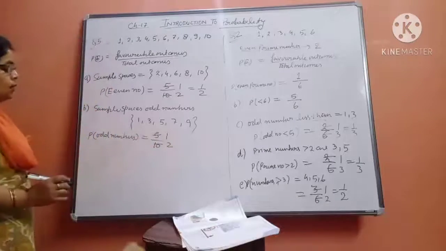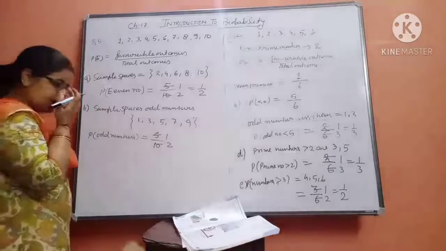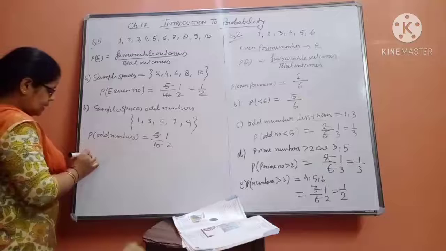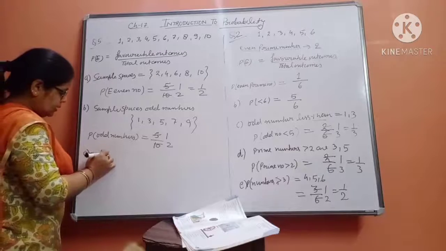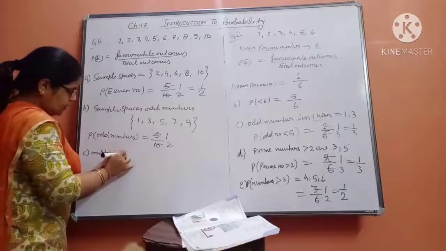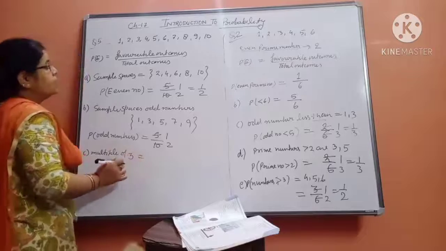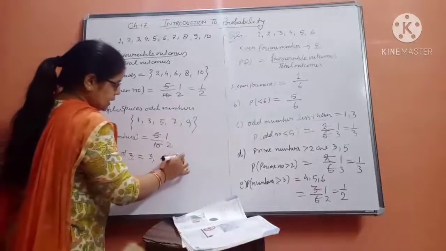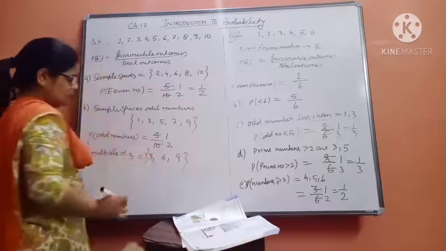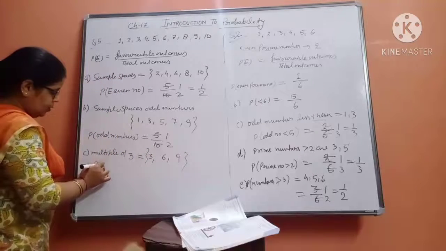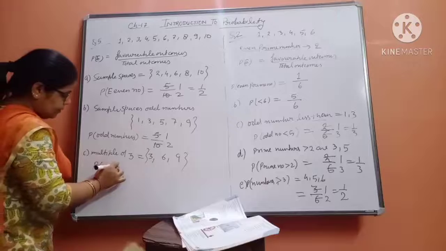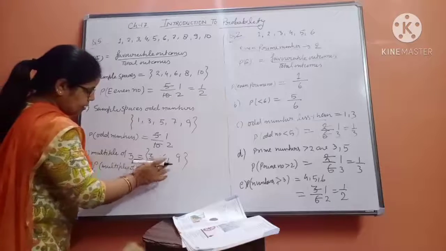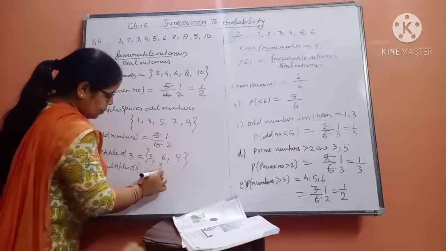Now come to the C part, multiple of 3. Multiples of 3 are 3 1s are 3, 3 2s are 6 and 3 3s are 9. Till 10, 3 multiples will be there. So probability of multiples of 3 is 3 upon 10.